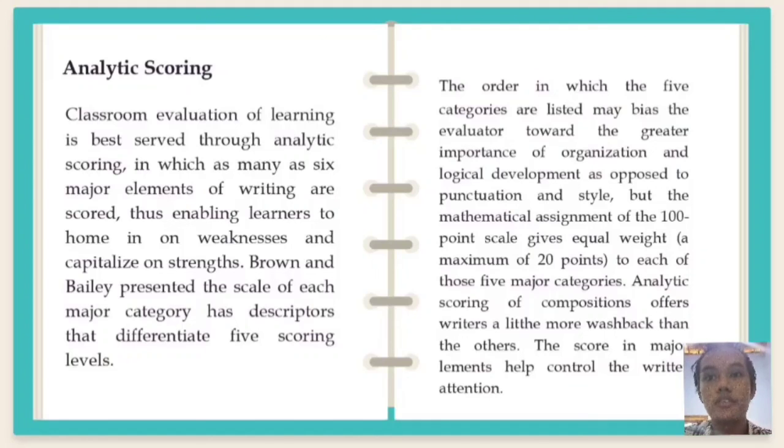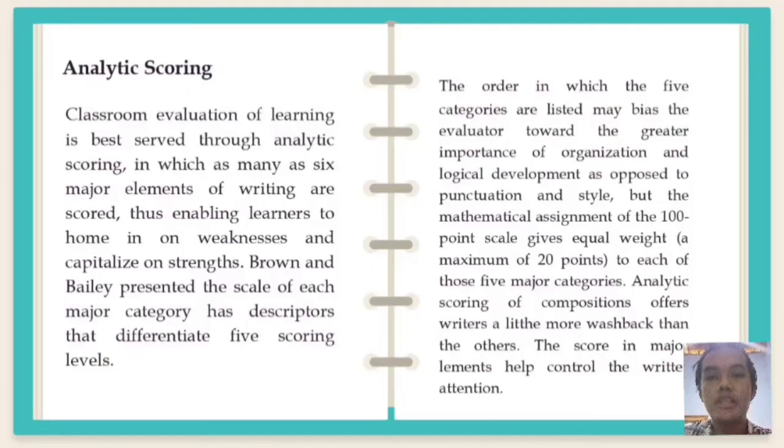The order in which the 5 categories are listed may bias the evaluator toward the greater importance of organization and logical development, as opposed to punctuation and style.